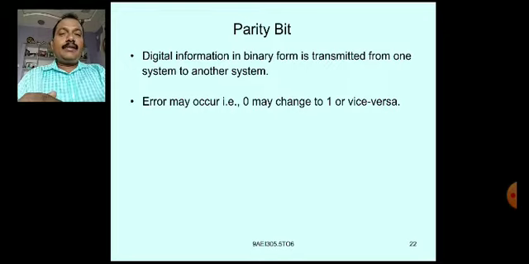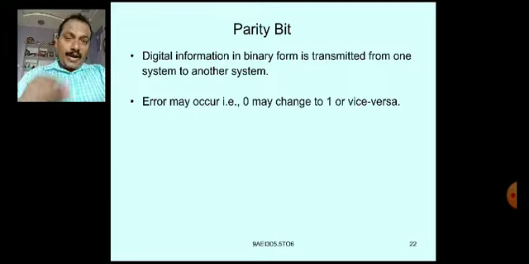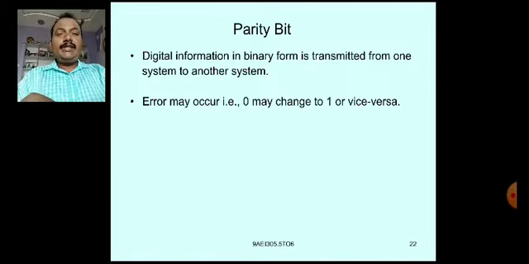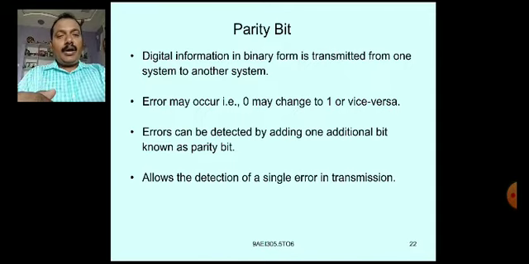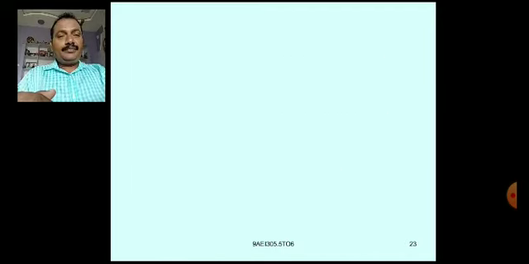Errors may occur, that is, 0 may change to 1 or 1 may change to 0. That is possible in transmission. Errors can be detected by adding one additional bit known as the parity bit, as I already told you. It allows the detection of a single error in transmission.